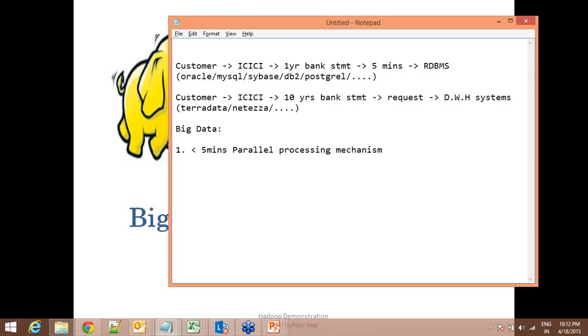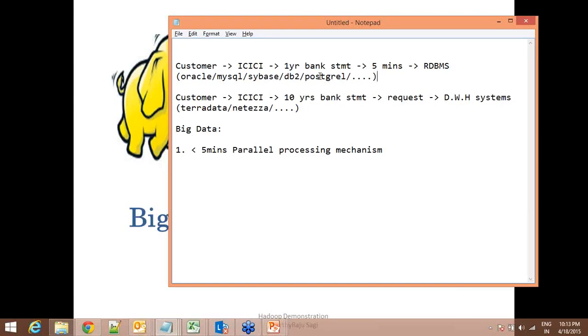So suppose you go for any OLTP databases, I mean Oracle, MySQL, any databases, right? They're all designed on a sequential processing mechanism. Suppose I run a query, how is it going to load the data and run that query on the table? It's going to read the records one by one, perform that query and return the result.